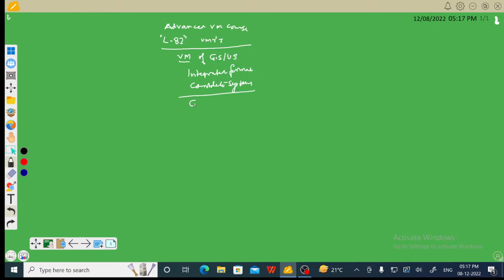Ganita Sutras, 16 in number, as well make a complete system, and Ganita Upsutras, 13 in number, as well make a complete system. And both together, Ganita Sutras and Upsutras, also make a complete system.